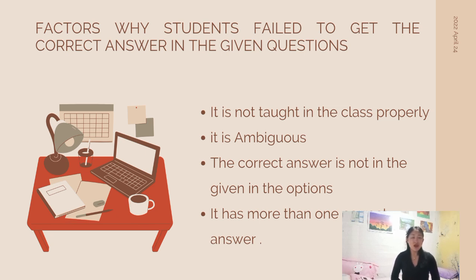It is possible that the lesson was not taught properly, and that's why students fail to get the correct answer. Second, it is ambiguous. The third is the correct answer is not in the given options. It may also have more than one correct answer. That's why students fail to get the correct answer.